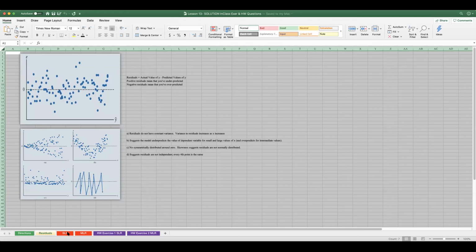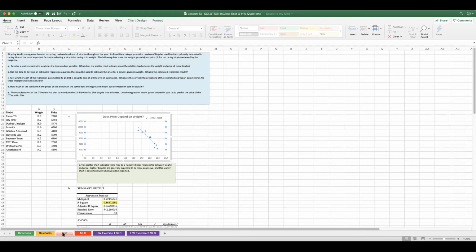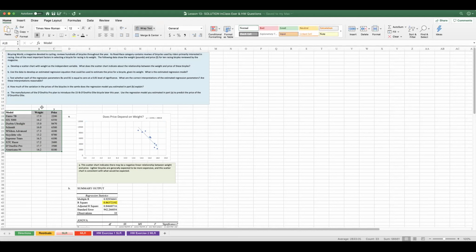All right, so let's go to this SLR red tab and look at the first example of what we have here. So this is the data that's part of the question, and I've labeled your X and Y variables, right? So X meaning weight and Y is your price.